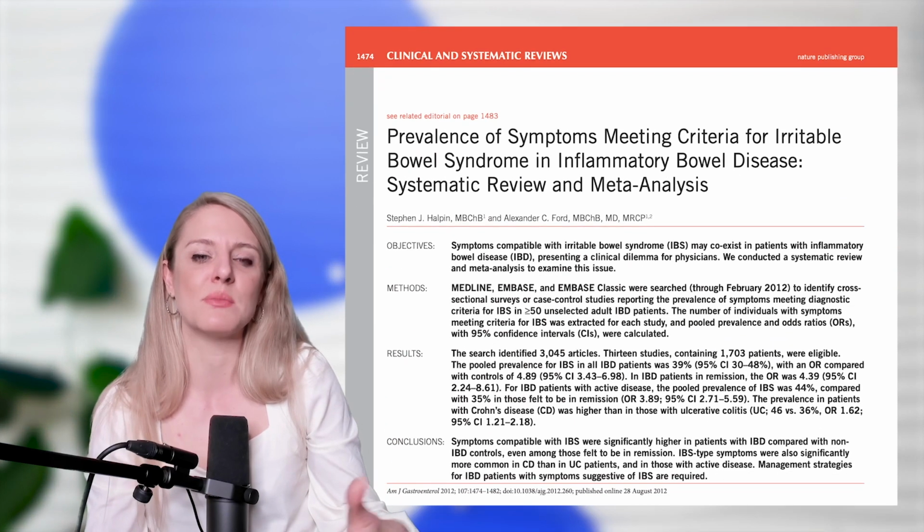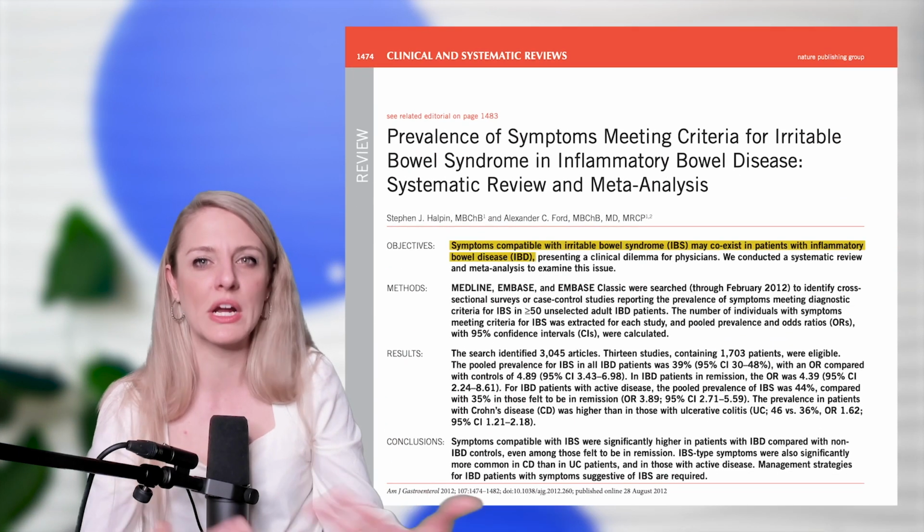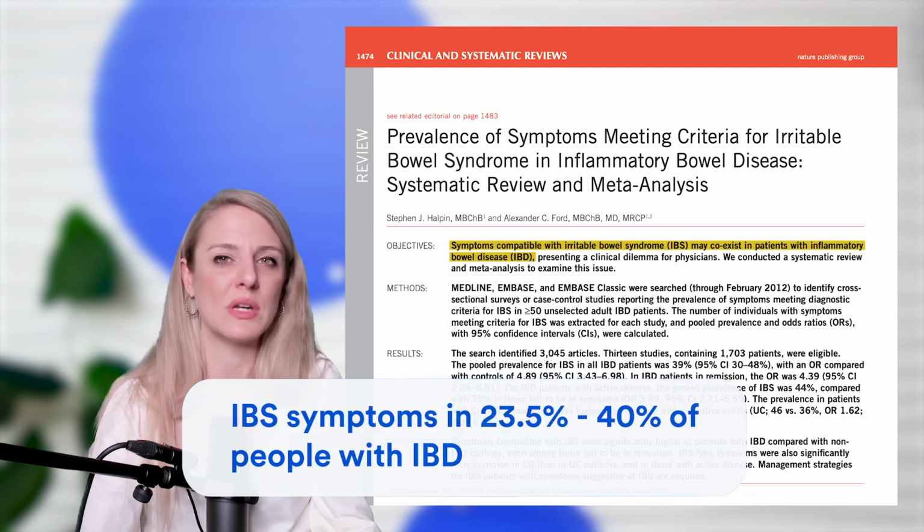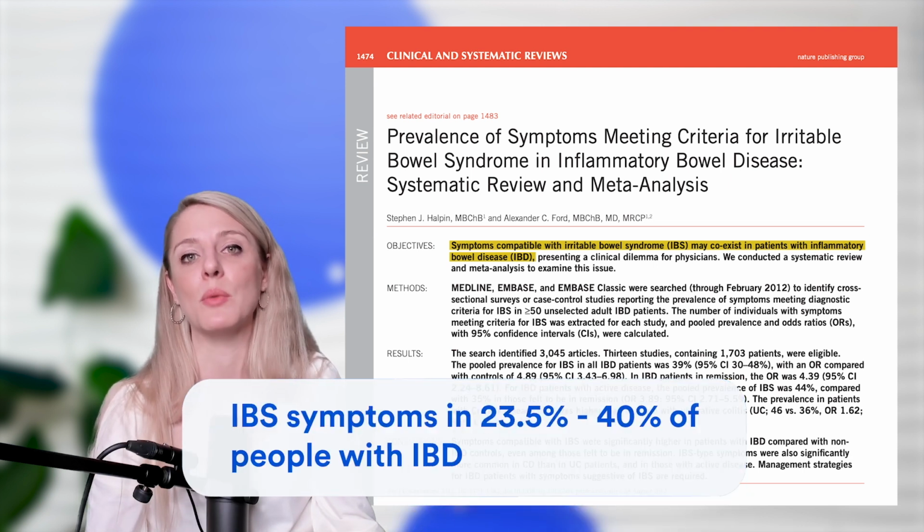This is sometimes referred to as IBD-IBS, and the prevalence of IBS-type symptoms in IBD varies depending on the study or the form of IBD, ulcerative colitis versus Crohn's disease, and the method of confirming IBD remission, which is just a period of time when the disease is not in its active state. But with these factors in mind, we've seen prevalence ranges for IBS symptoms in IBD during remission in the ballpark of 23.5 to 40% of people with IBD.